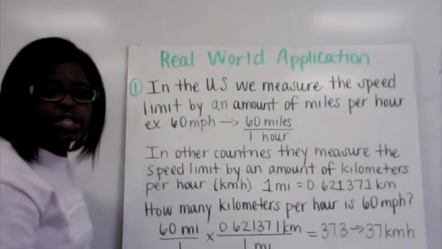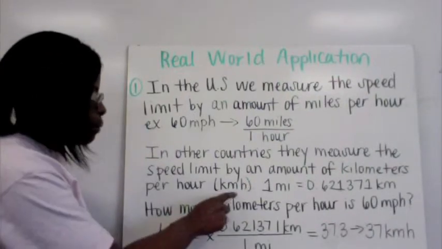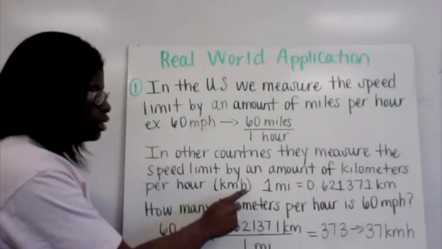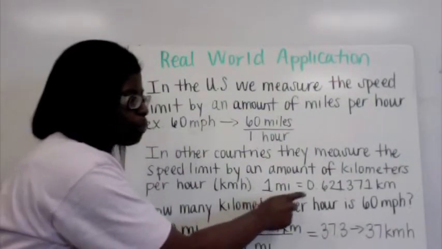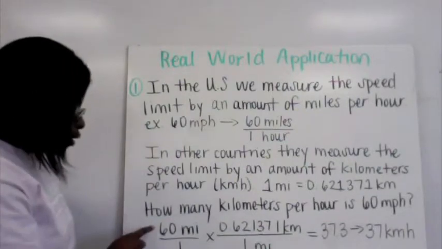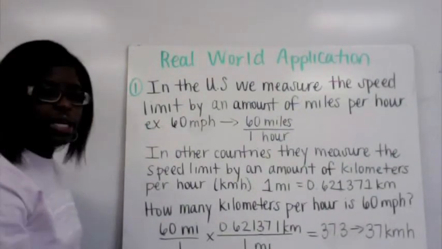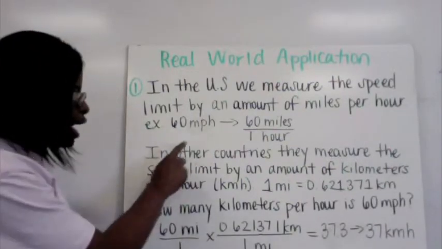In other countries, they measure the speed limit by an amount of kilometers per hour, so kmh. But what you need to know in order to do our problem is for every 1 mile, you have 0.621371 kilometers.